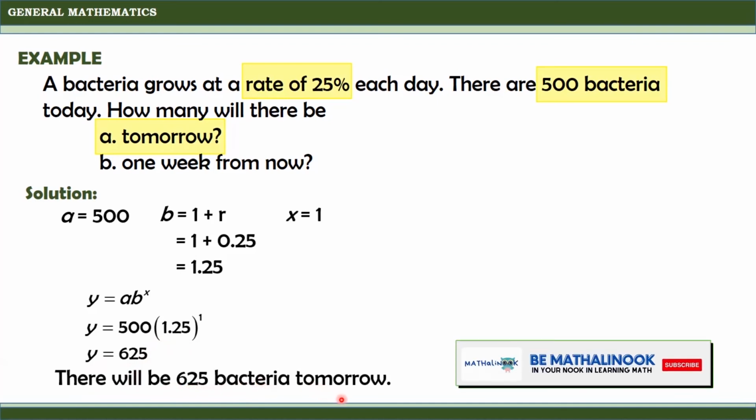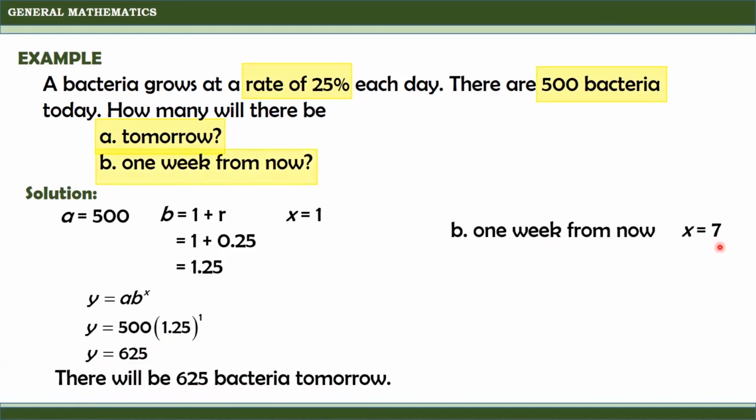On the other hand, 1 week from now means x will be equal to 7 because in a week, there is 7 days. Substituting again a, b, and x on our formula y equals ab raised to x, we will have y equals 500 times 1.25 raised to 7.